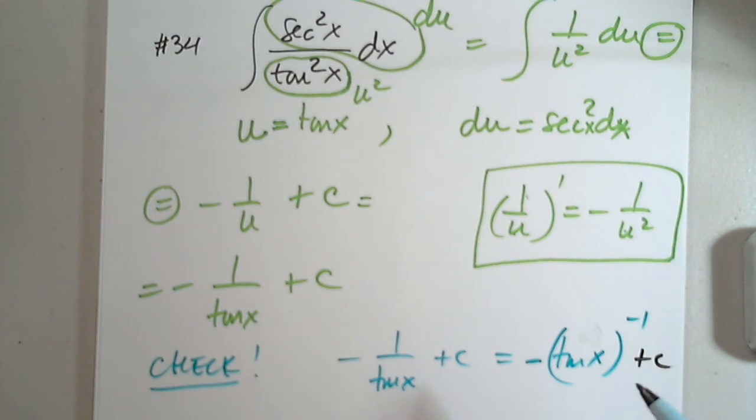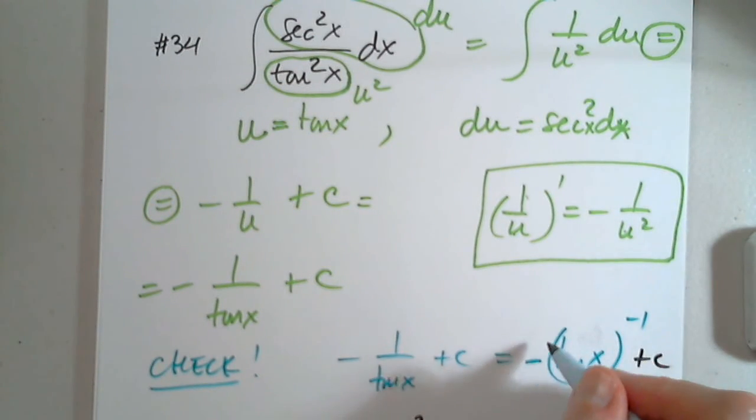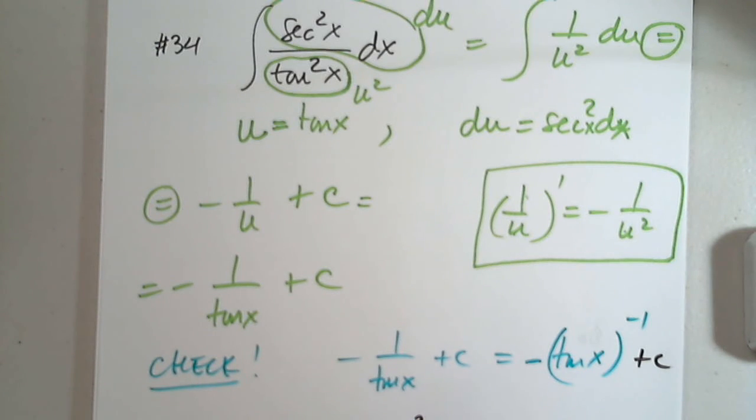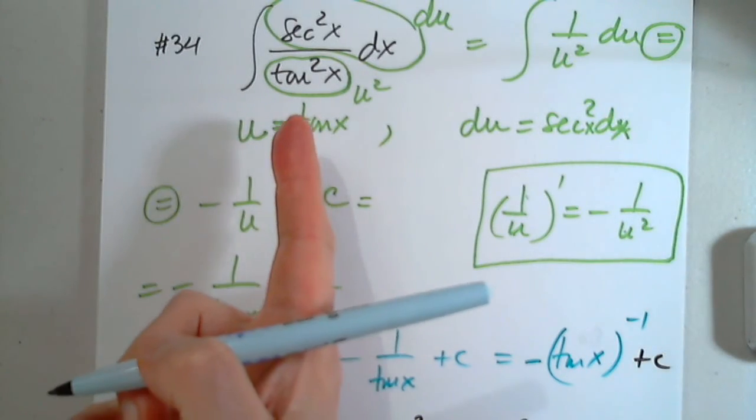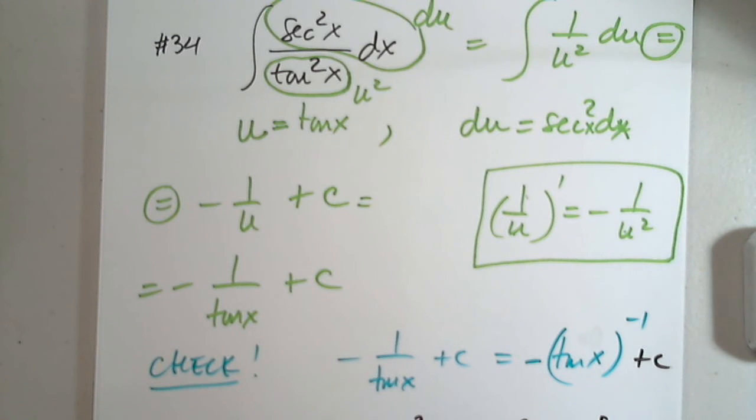So when I differentiate this, I bring negative 1 in front, multiply by negative 1, so I have 1 times tangent to negative 2, and c prime is 0, times the inner function prime, which is secant squared x. It changes into secant squared over tangent squared.